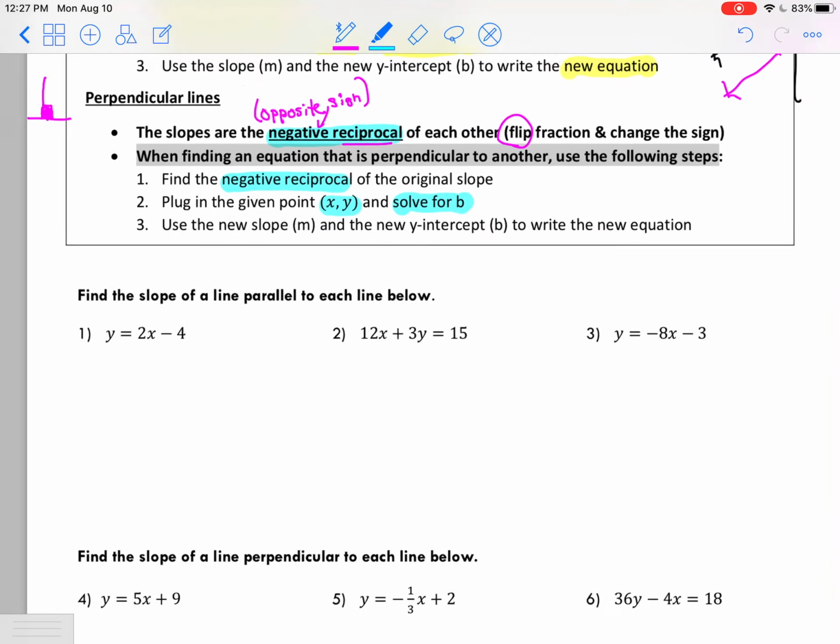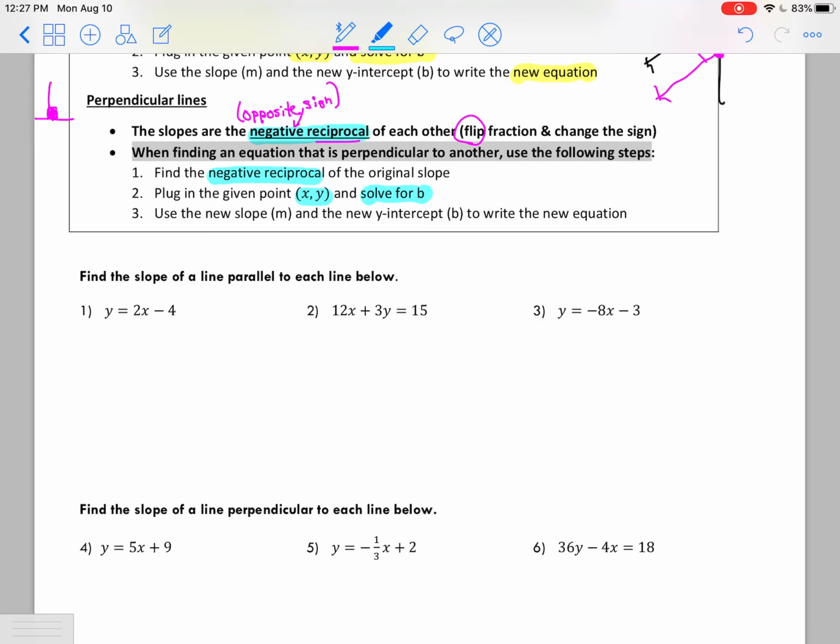Okay, so let's do a little investigating here just to see if we can find these slopes of parallel and perpendicular lines. We know that, for the purposes of this class, we're always going to be talking about the slope-intercept form, y is equal to mx plus b. So in these first few problems, we're really just looking for what is in that m position, right?